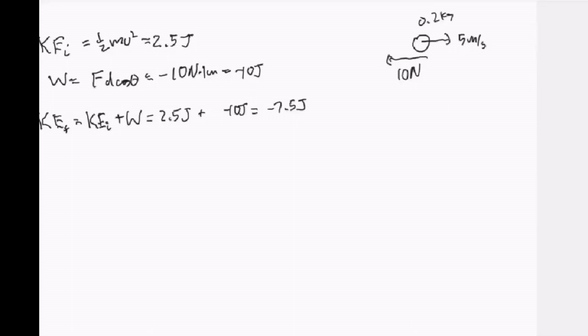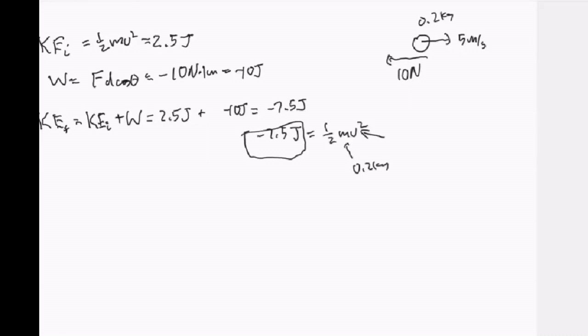All right. But wait, hold on. This -7.5 joules, that's equal to 1/2 mv squared. Our mass, we know what our mass is. Our mass is 0.2 kilograms. And v squared is always positive. So how are we getting a negative number here?